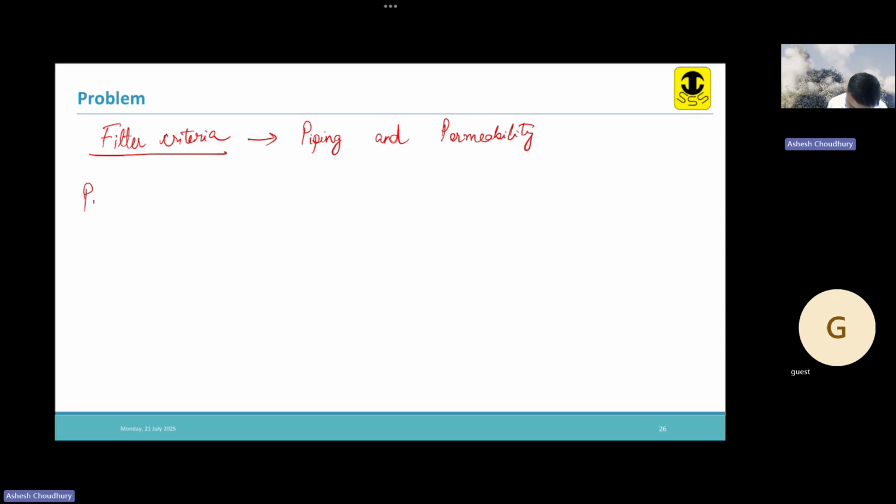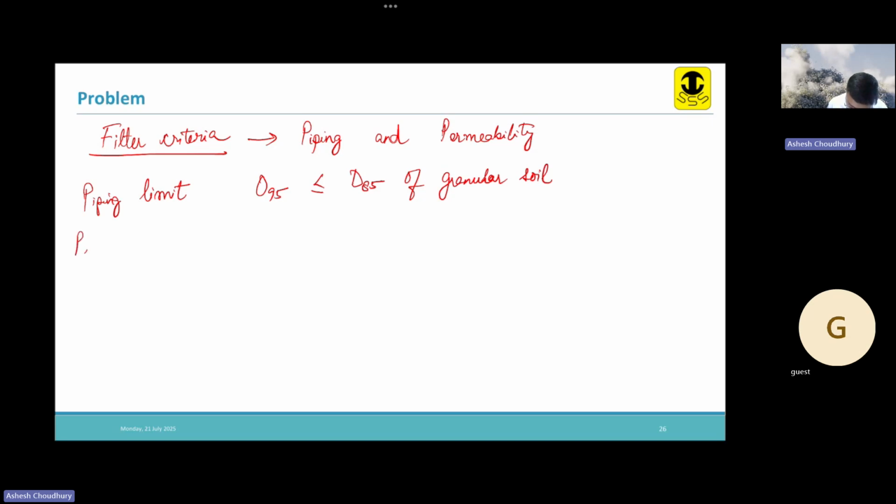Now we have the piping limit: O95 should be less than or equal to the D85 of the granular soil.